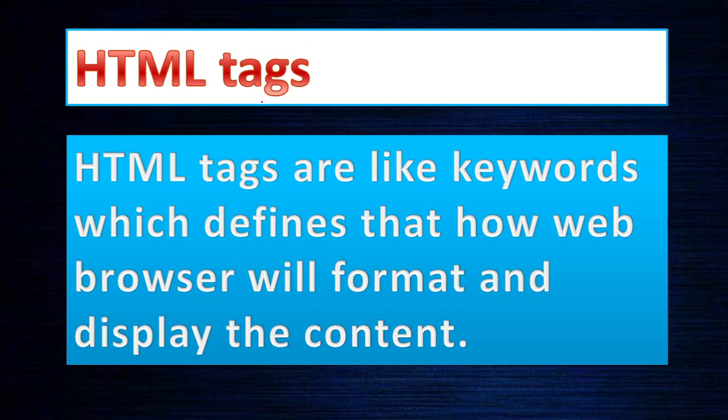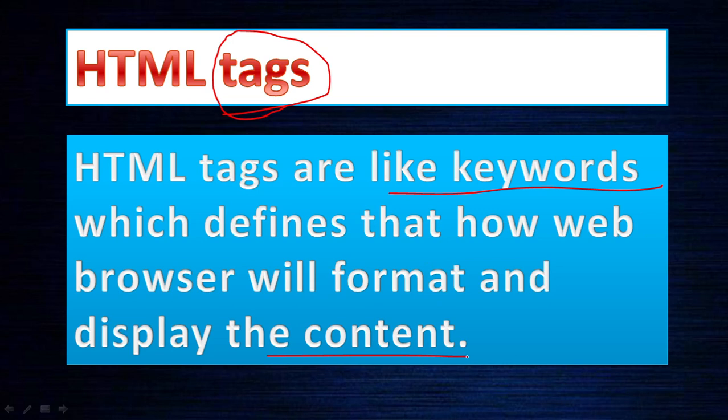HTML tags. In the HTML language, tags are very important. In other languages we call them commands, but in HTML, we call them tags. HTML tags are like keywords which define how the web browser will format and display the content.